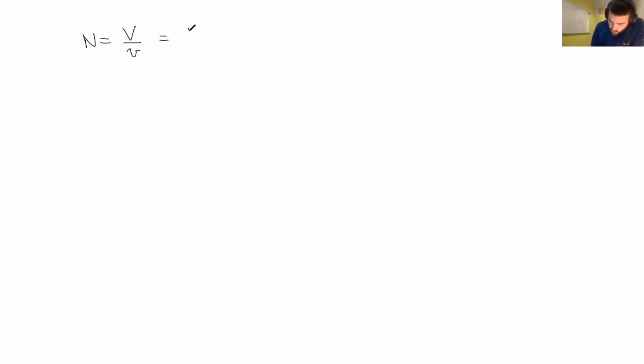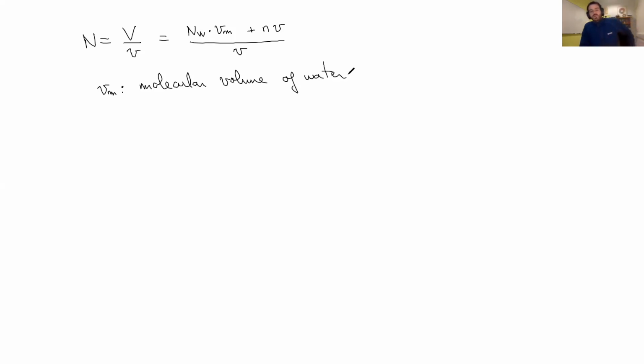It's made of the number of water molecules times the molecular volume of water, which is the volume of one single molecule of water, plus the number of oil droplets times the volume of one oil droplet divided by V. So here I introduced a new quantity, which is the molecular volume of water. So very small quantity here, it's molecular.